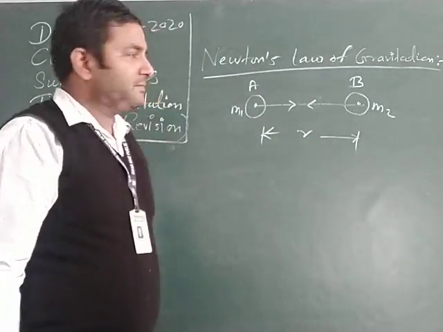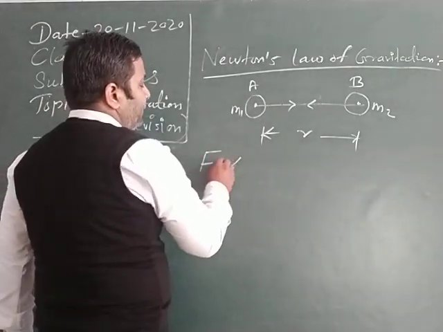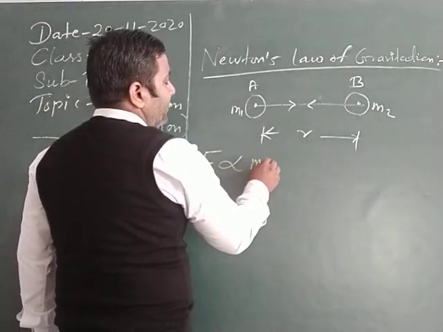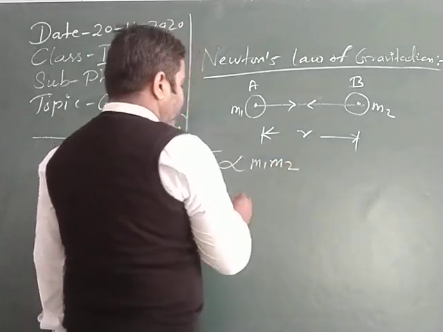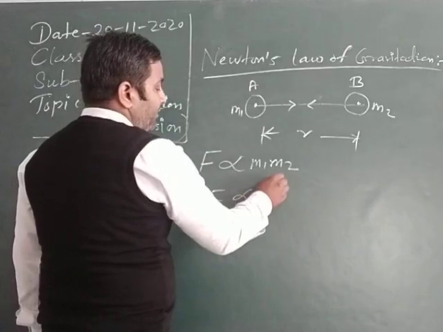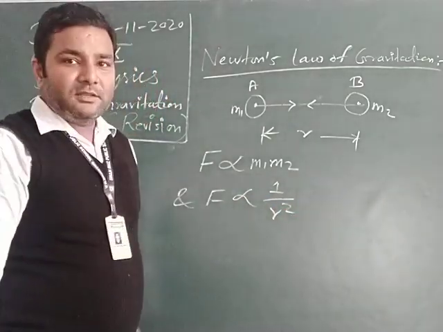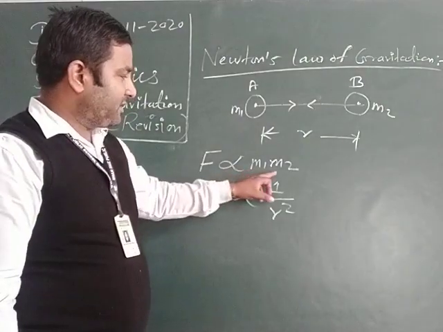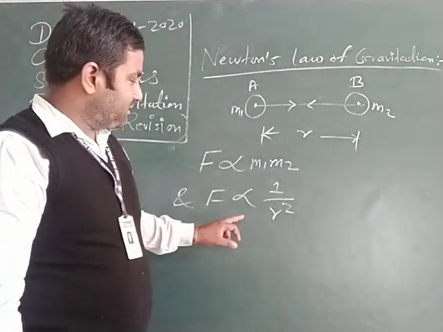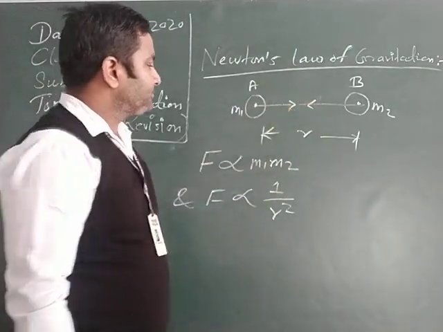The force of attraction, F, is directly proportional to the product of masses and inversely proportional to the square of the distance between both.